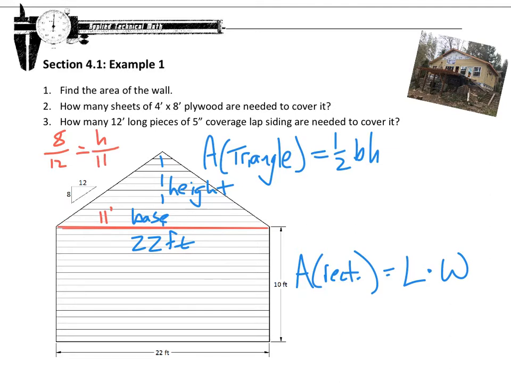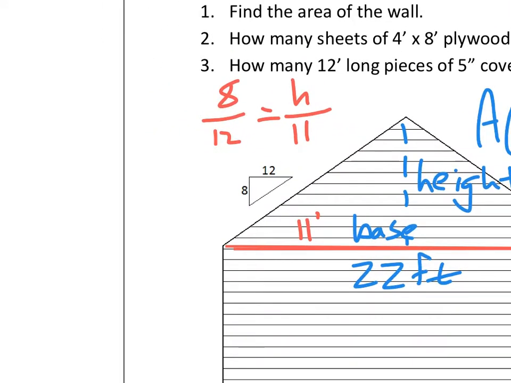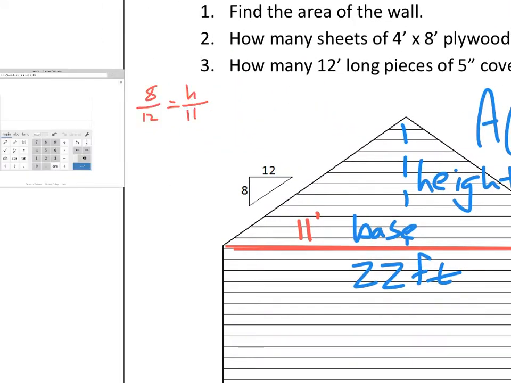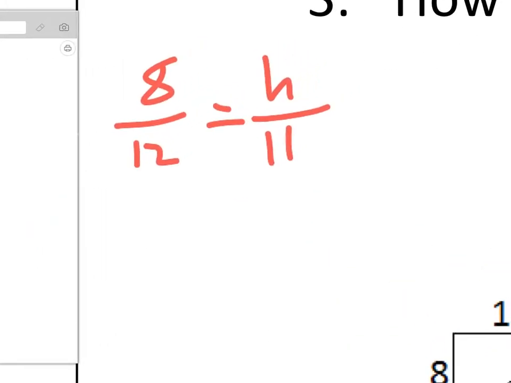All right, and these are in feet here. So we're going to have to cross multiply here. So we can solve this with a little cross multiply. 8 times 11, that's 88, equals 12h.